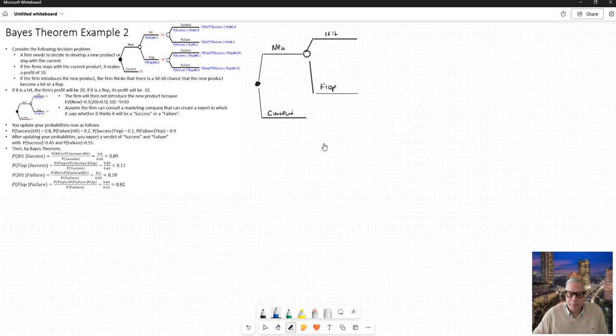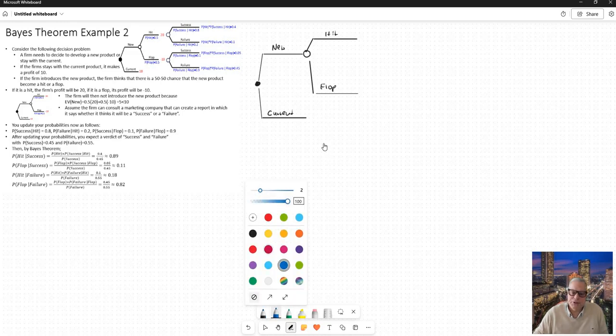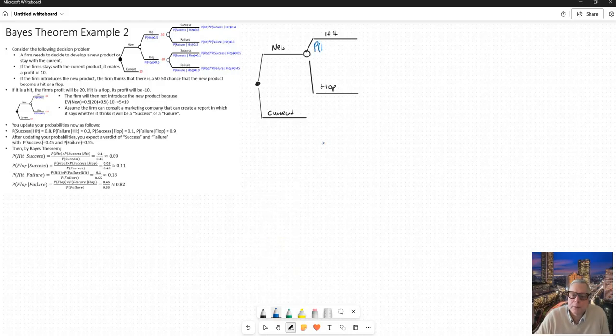And you believe, that's a given, that the probability of this being a hit is 0.5 and it being a flop is also 0.5. So the probabilities after a chance node, they always need to sum up to 1.